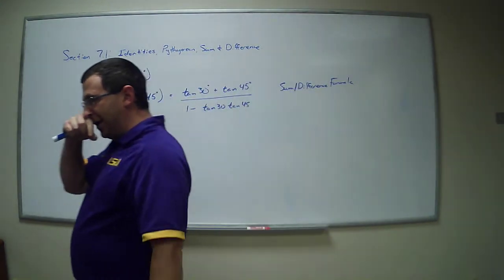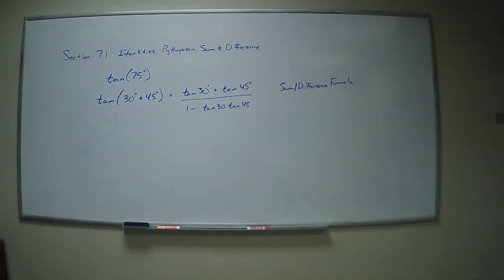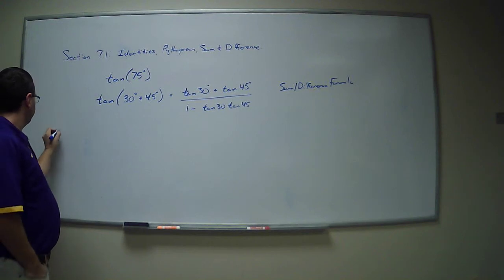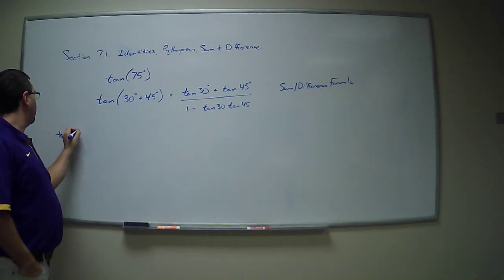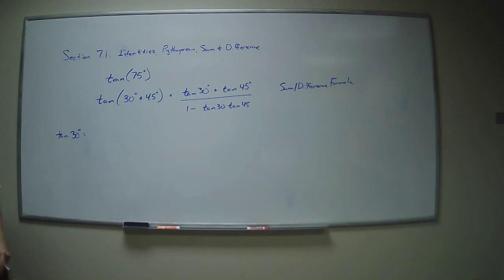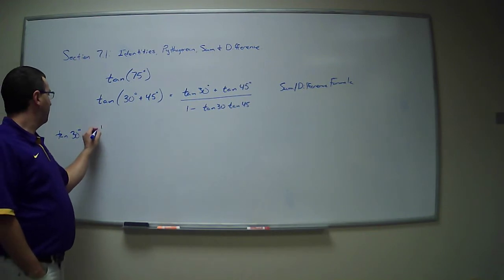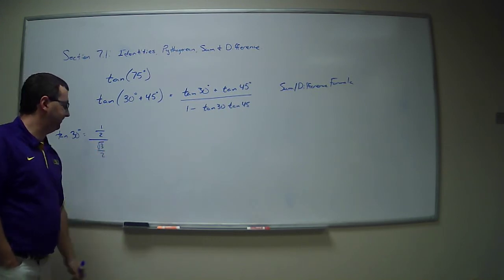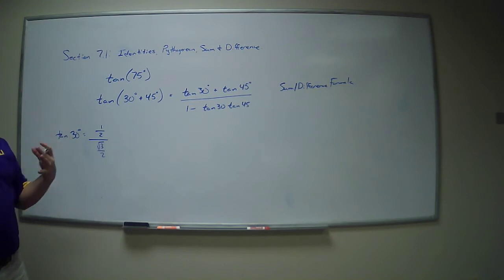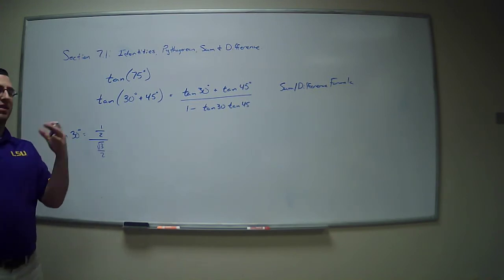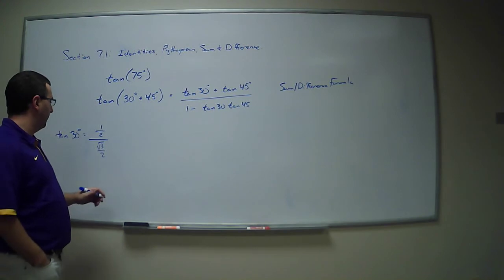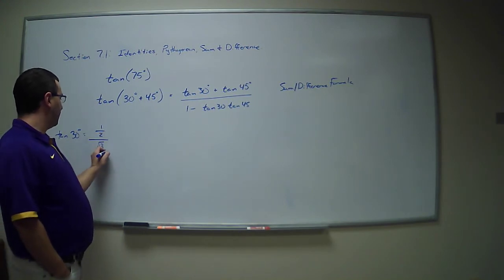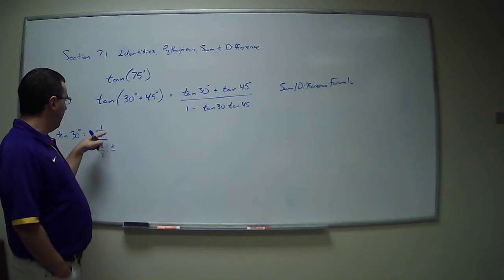Okay, so basically, the tangent of 30 degrees, obviously you can use a calculator for that, but I had the unit circle. So I'm going to do a little scratch work. The tangent of 30 degrees is opposite over adjacent, which means it's 1/2 over square root of 3 over 2. When I divide fractions, I keep, change, flip.